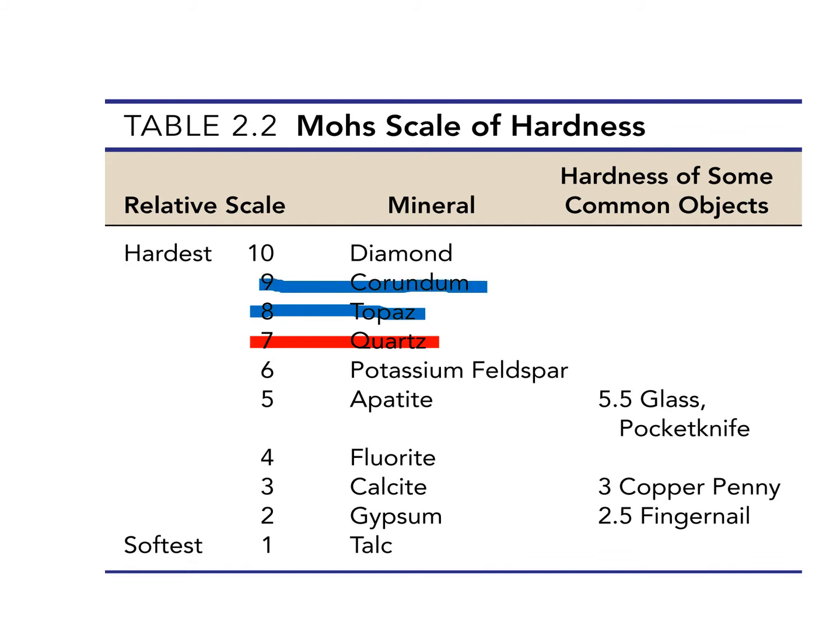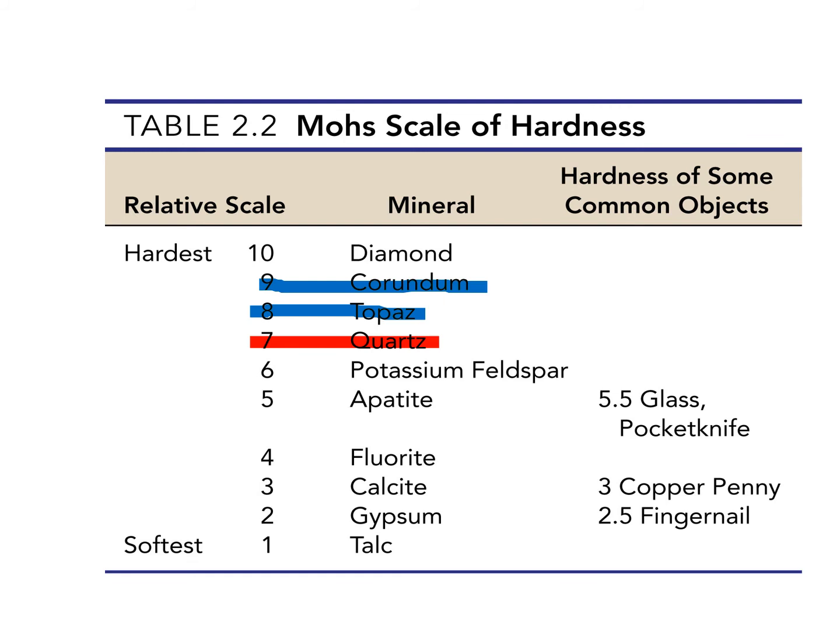Now, harder than that, we do have a few others now. We already mentioned corundum. So corundum, you might remember, if you have gem quality corundum that is reddish in color, we call that a ruby. If you have gem quality corundum that is blue or mostly other colors, we call those sapphires. And so at 9, we have rubies and sapphires.